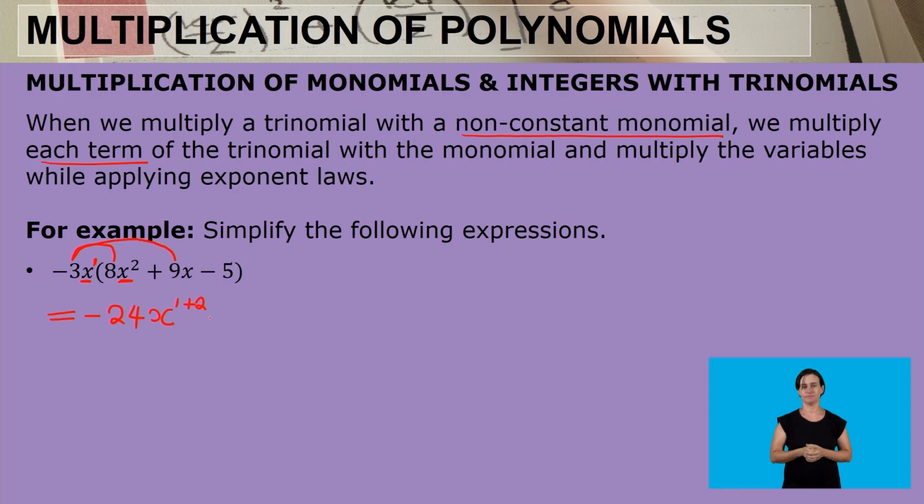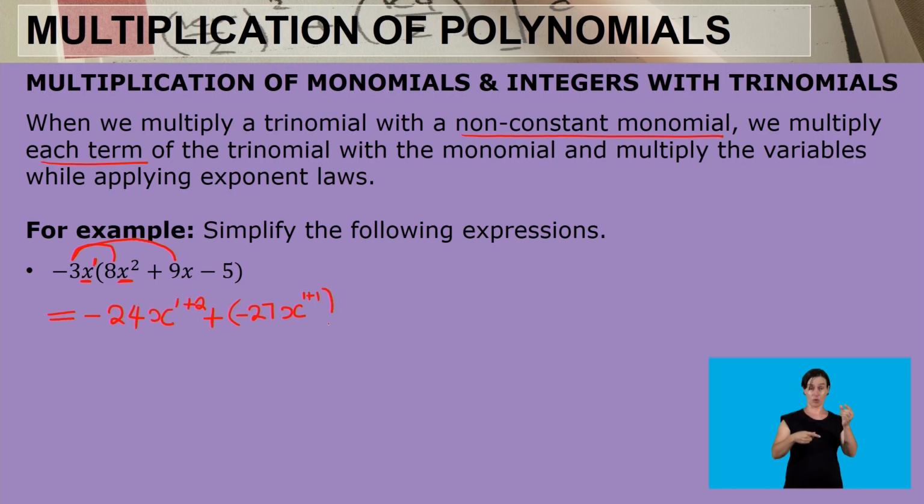So we are adding in this bracket, and when we say negative 3 multiplied by 9, that will give us a negative 27. And of course, we're going to multiply the variables as well, and because they have the same base, we are going to add the exponents.